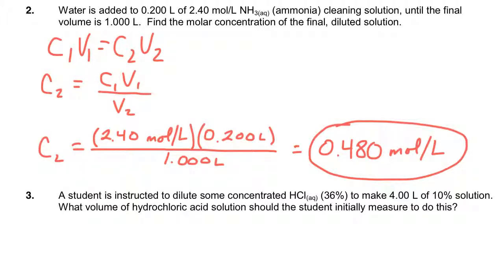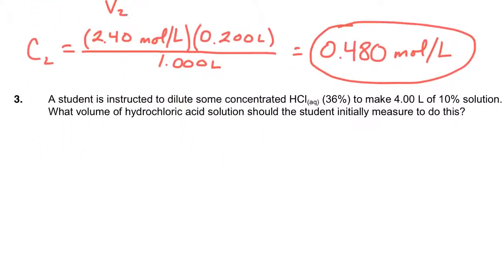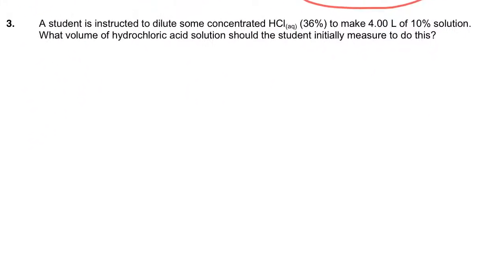Okay, next example. Student is instructed to dilute, there's the word dilute, so we know which formula we're going to start with. Instructed to dilute some concentrated hydrochloric acid to make 4 liters of a 10% solution.